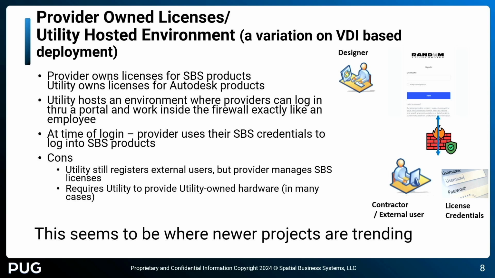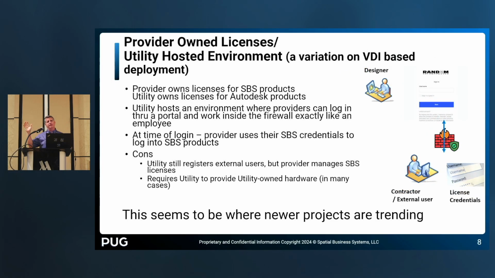This next one is a twist on the VDI version, and this is kind of trending towards what we're seeing more often. This is one where the utility actually tells the providers that you need to have an SBS license, and then you still log in through a Citrix portal. But when you go through that portal and you launch the SBS product, you get the SBS login window, and it says, what are your credentials?